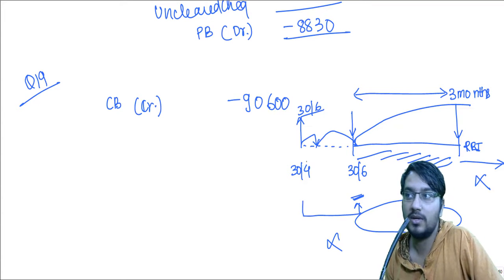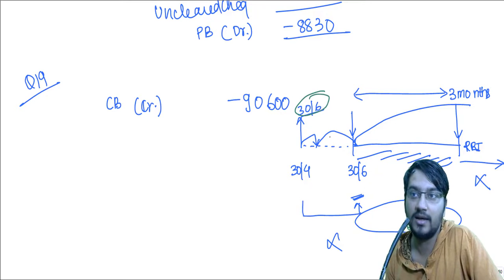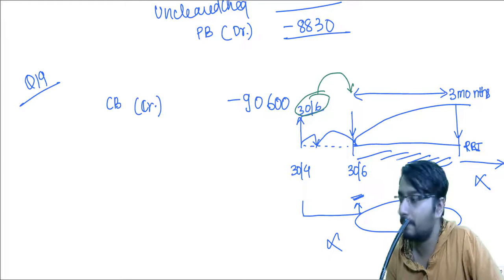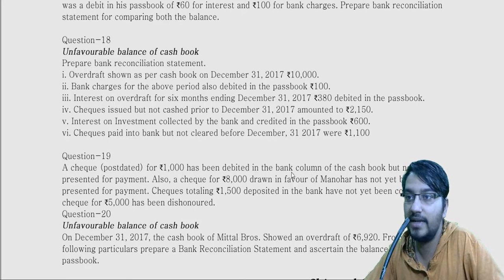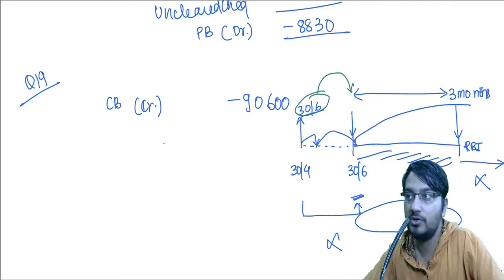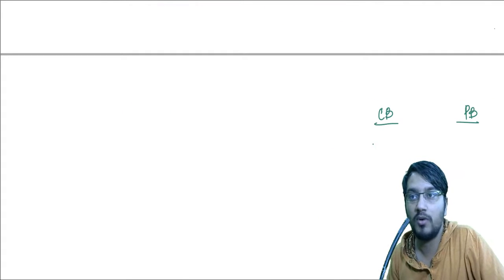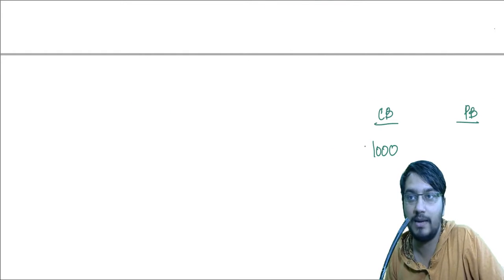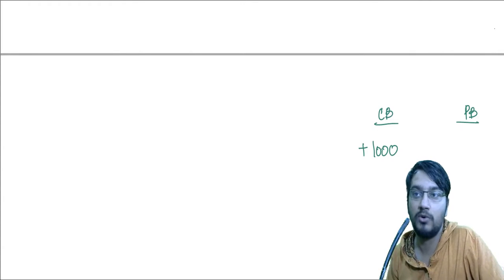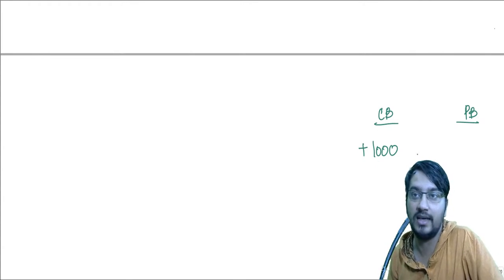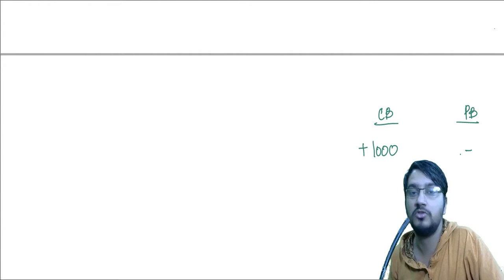So they are saying there is a post dated check, which means its date is still about to come. 1000 has been debited in the bank column of the cash book. Debit means you were expecting a deposit, because in the cash book debit means an increase, but you have not presented it because you can't.